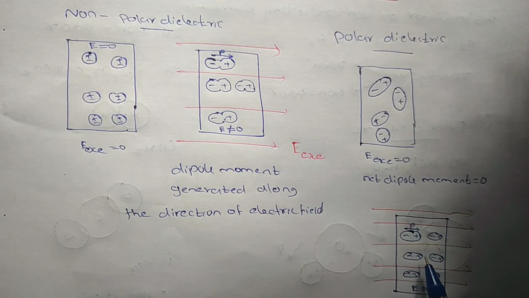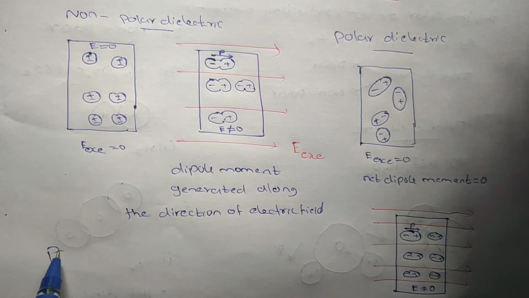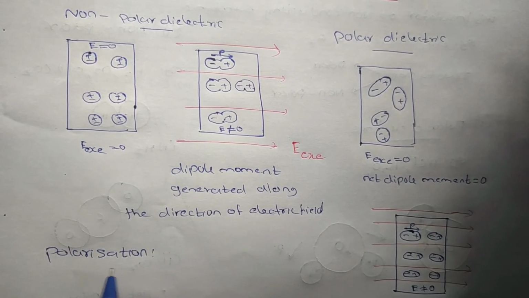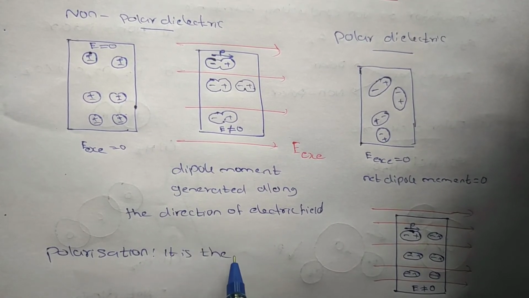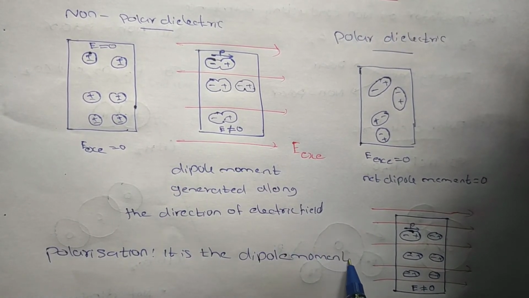So you see that there is a net dipole moment formation when an electric field is applied. So there is a polarization also here. So now we can go on to define polarization. What is polarization? Polarization means dipole moment per unit volume.